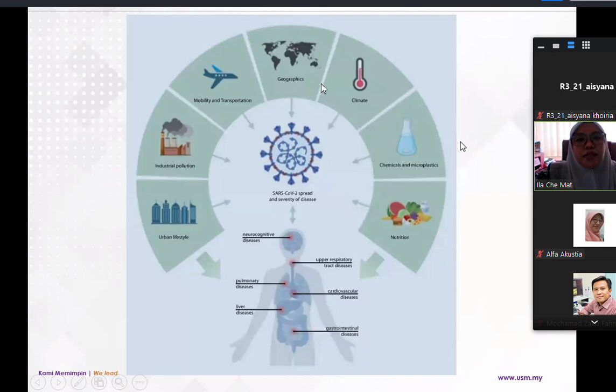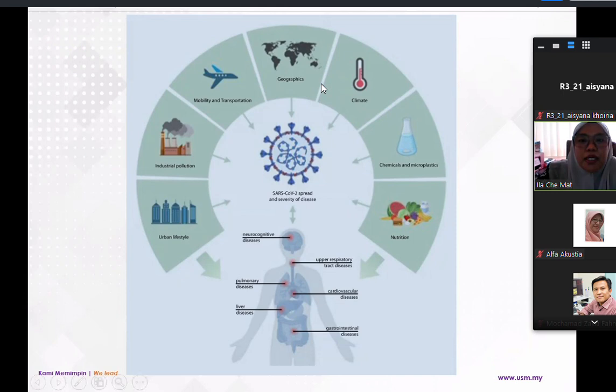All right, so this is another example of ecological factors or other factors involved in COVID-19. For example, mobility and transportation, and of course the geographic one, which is more related to genetics, because sometimes those who are in the UK are more susceptible to certain strains of COVID-19, right?